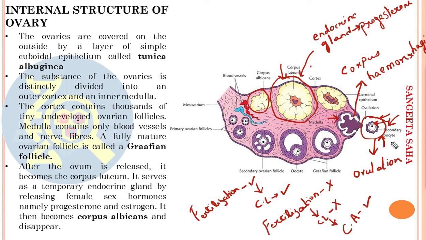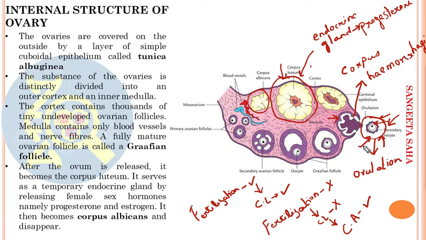The day-wise events will be more clear to you once you learn the menstrual cycle. But the thing you need to keep in mind is that the release of the egg takes place on the 14th day of the menstrual cycle of the females.